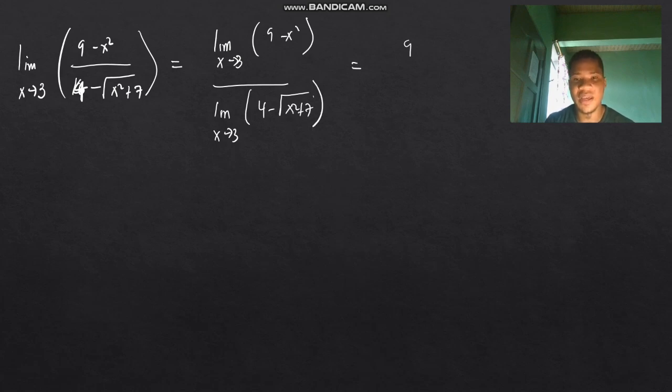This will give you 9 minus 3 squared, and 4 minus the square root of 3 squared plus 7. If you realize, this gives us 0 over 0. Boom. This is an alarm telling you that the numerator and the denominator have a factor which you are not taking into consideration.